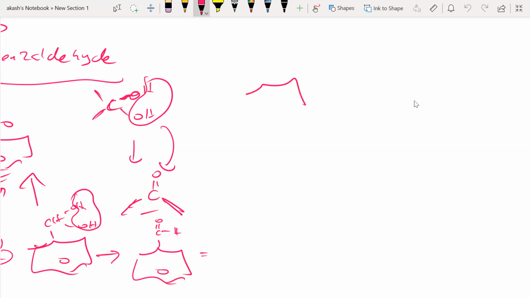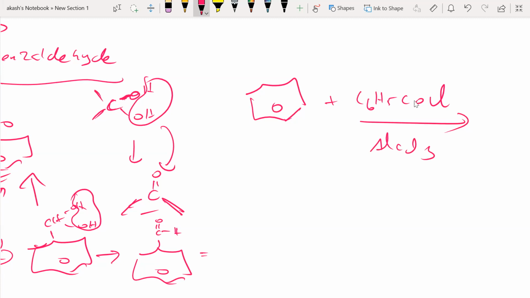Okay, so if I have benzene reacting with C6H5COCl in the presence of AlCl3, what is the product?